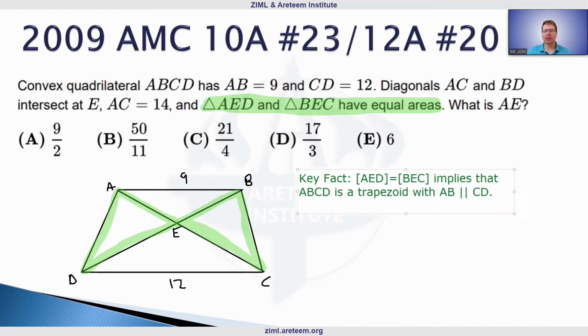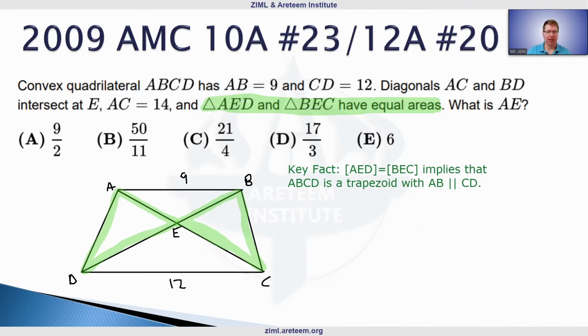And of course, the trapezoid fact is really these parallel lines. AB is parallel to CD, and we'll see that that is really what gets us the problem. I'm going to erase this when we're done, but this can actually be proven pretty quickly and is a useful thing to keep in mind.